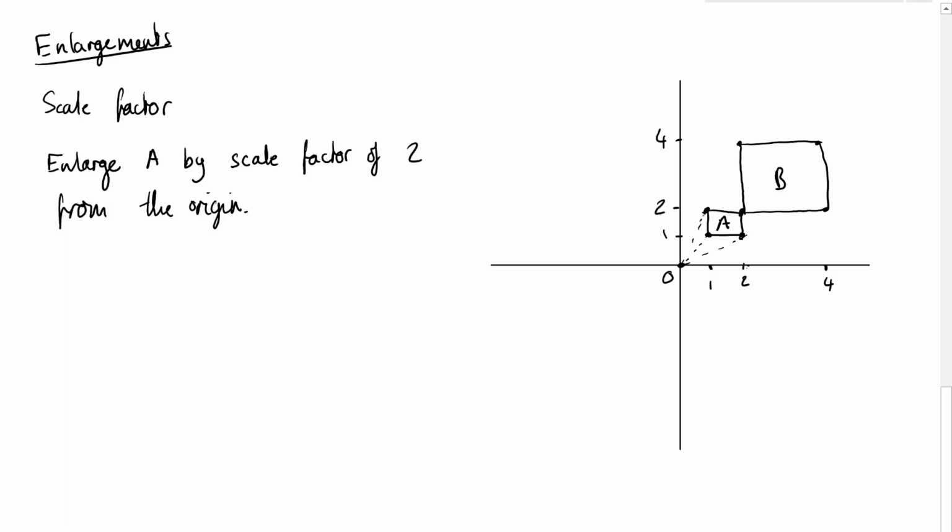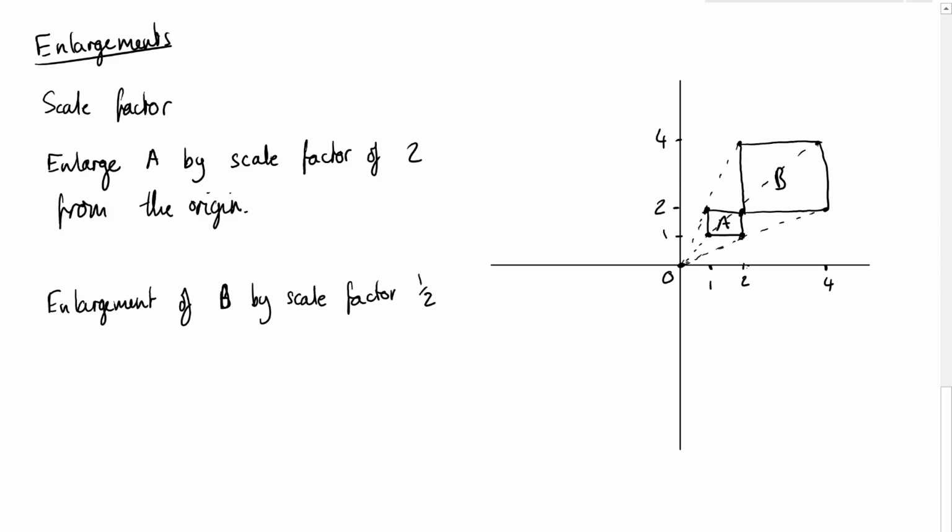Okay, and you can see that because if you were to expand all of these lines, they should pass through the points. And that's just the nature of this enlargement. Now we could also have had a scale factor of 1/2. So this is going from A to B, this enlargement here. If we wanted to go backwards and go from B to A, we would say that this would be an enlargement of B by a scale factor of 1/2.